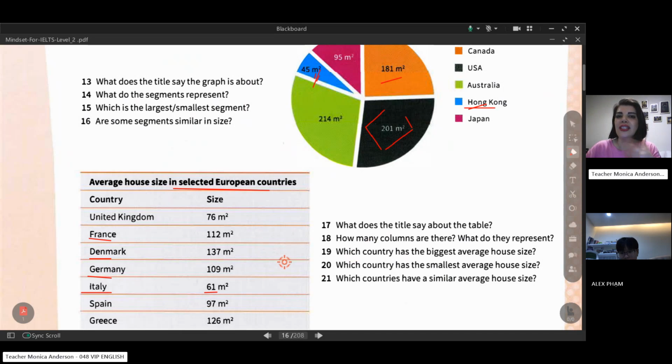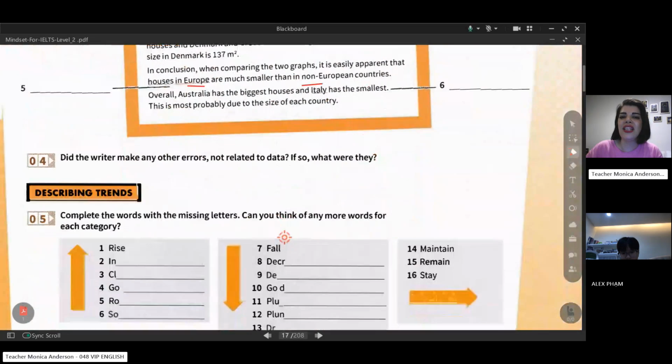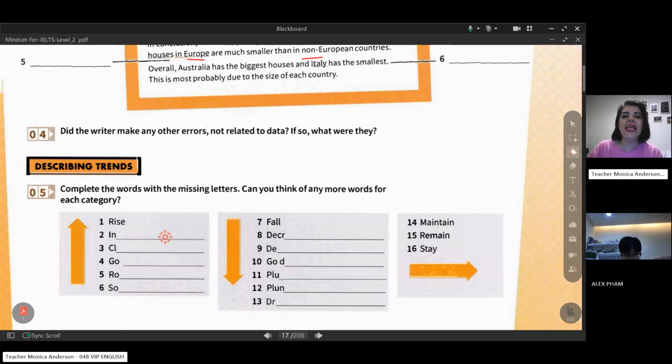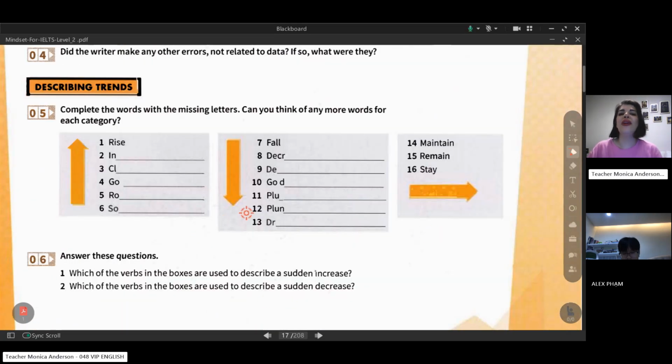This is something that you need to know and pay attention to, the words that you use, because it may make your answer wrong.